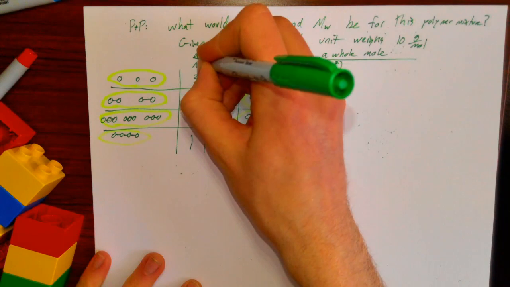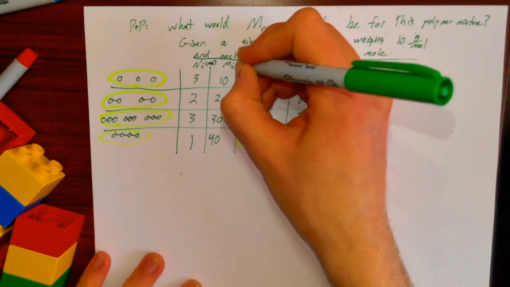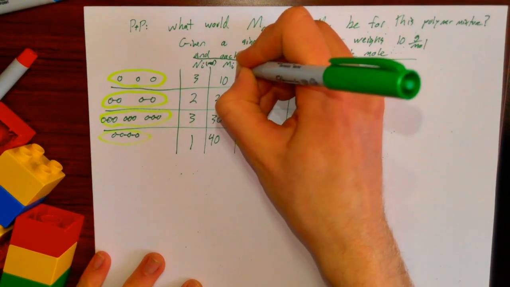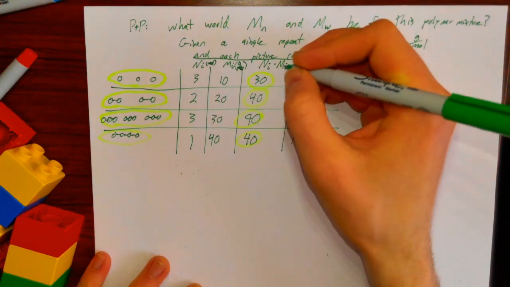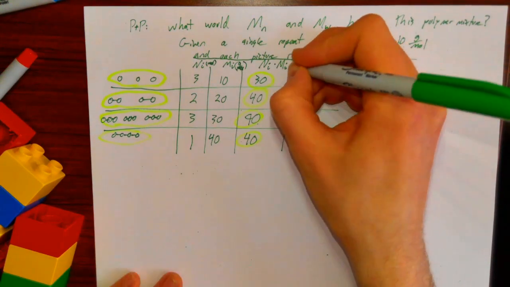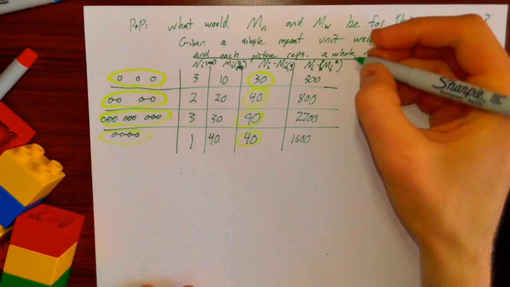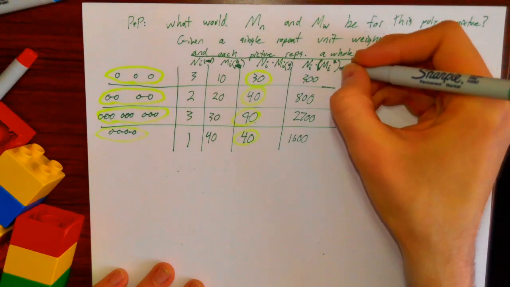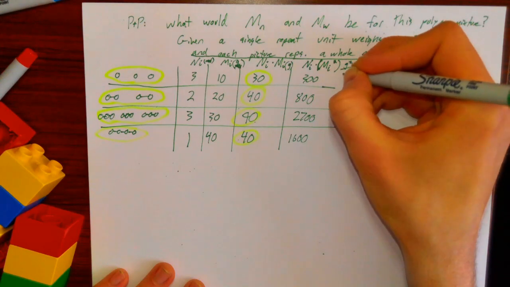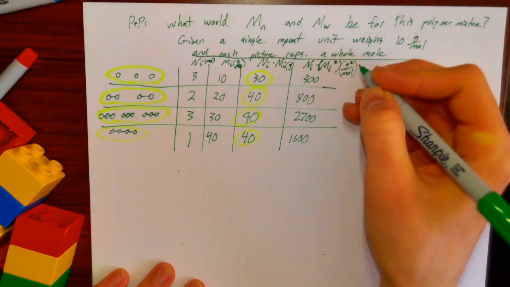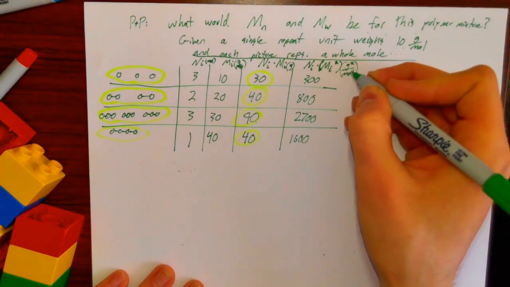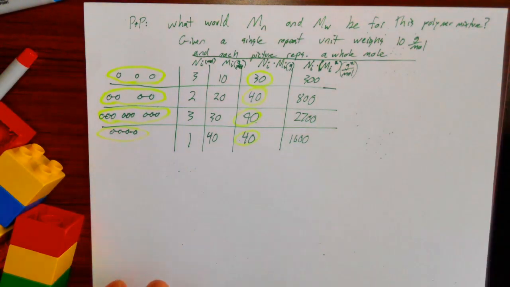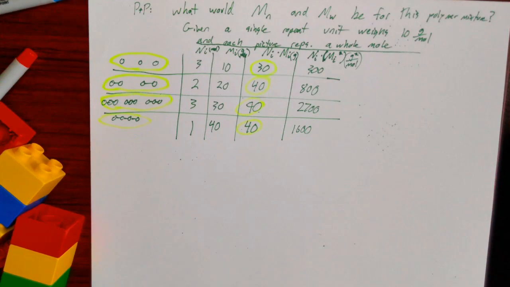This would be in moles. This would be in grams per mole. This would be in grams, and this would be in grams squared per mole. Not really very physically intuitive units here, but again, these are what we use in our definitions, so that's what we've got to do.